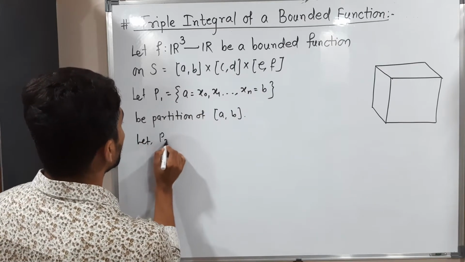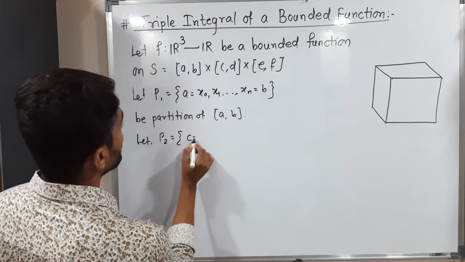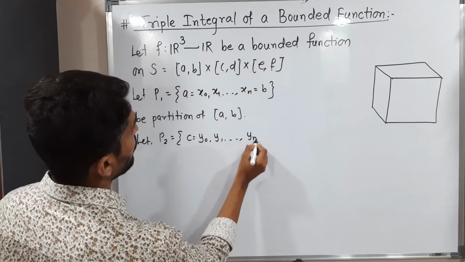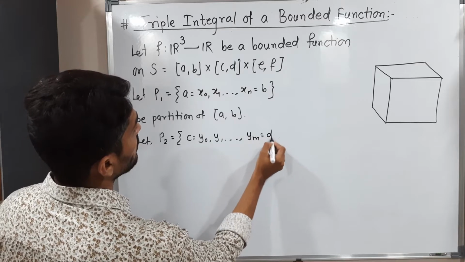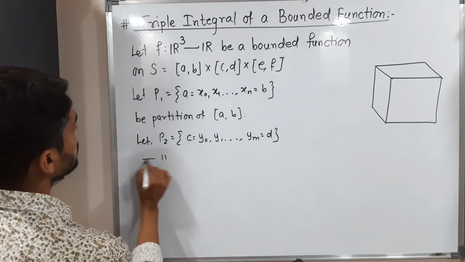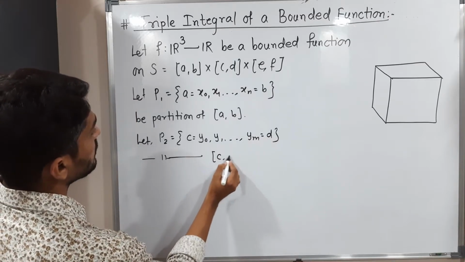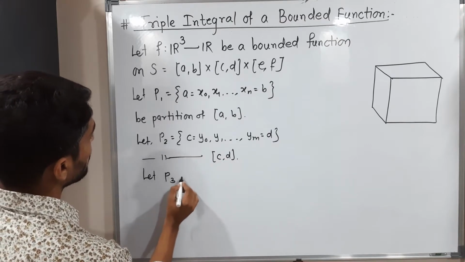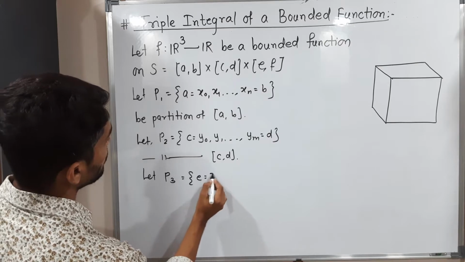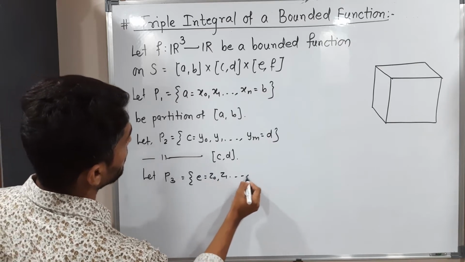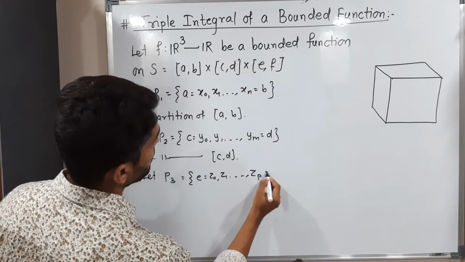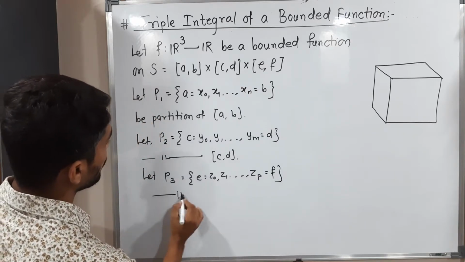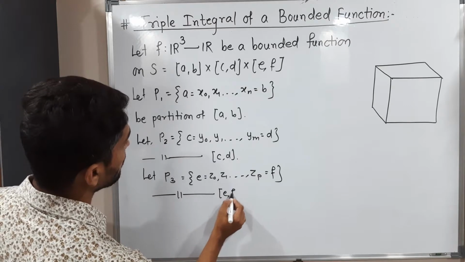Let P2 equal to C = y0, y1 and so on, ym = D, be a partition of the closed interval CD. Let P3 equal to E = z0, z1 and so on, zp = F, be a partition of the closed interval EF.